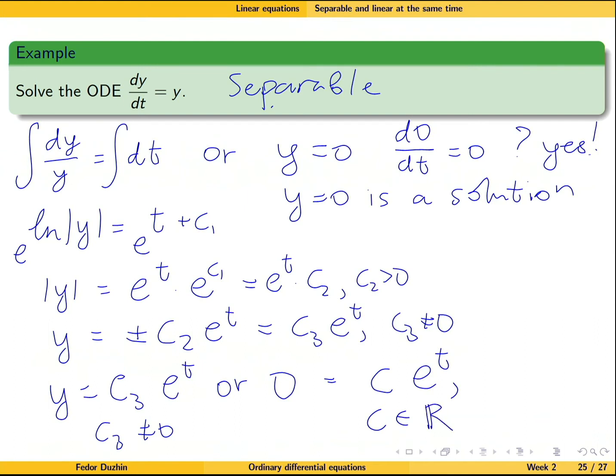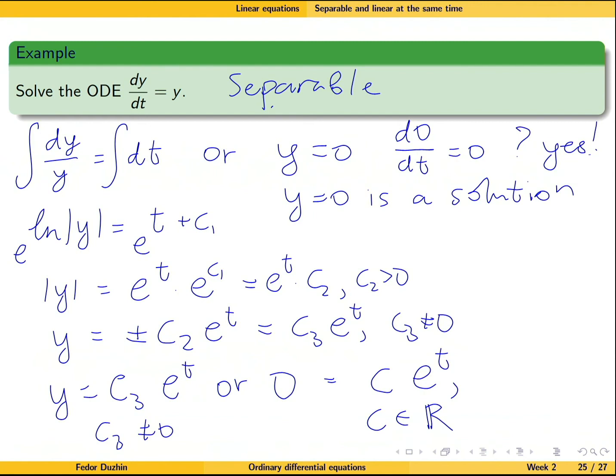Because if c is non-zero, then it can be associated with c3. And if c is 0, then 0 times e to the t is just 0, and 0 is a solution, so it is correct. Okay? So my point is that the pretty simple final answer is c times e to the t, where c is any constant. We got it when we solved it as a separable equation, but we went through some complicated reasoning.